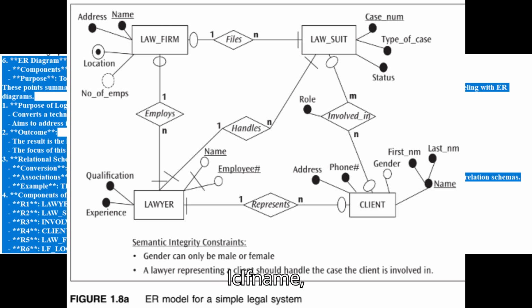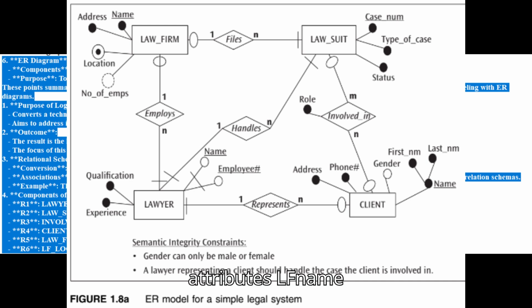3. Involved_in. Attributes: l_cl_f_name, l_cl_l_name, l_ls_case_number, etc. 4. Client. Attributes: cl_name, cl_gender, etc. 5. Law_firm.